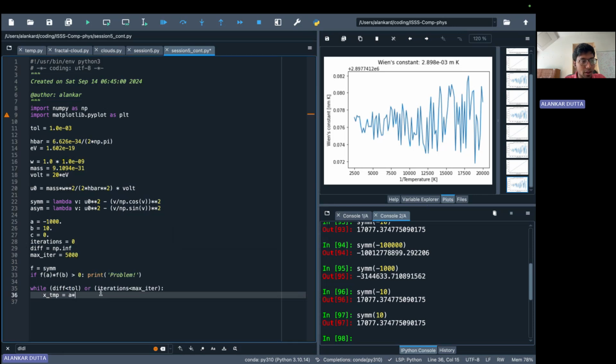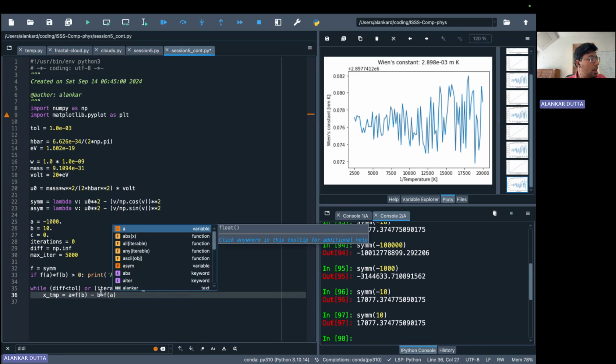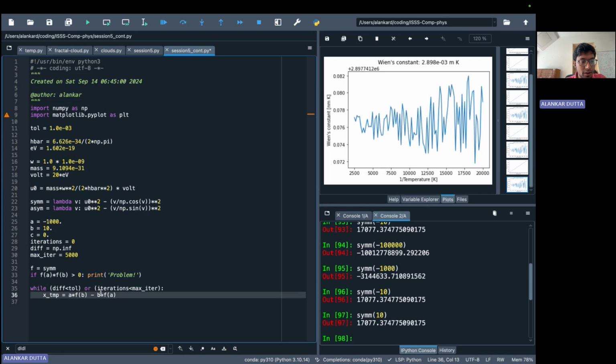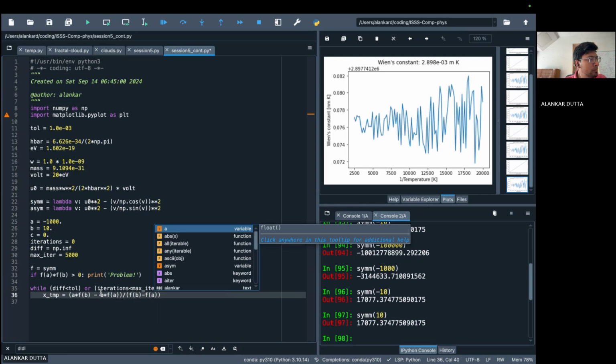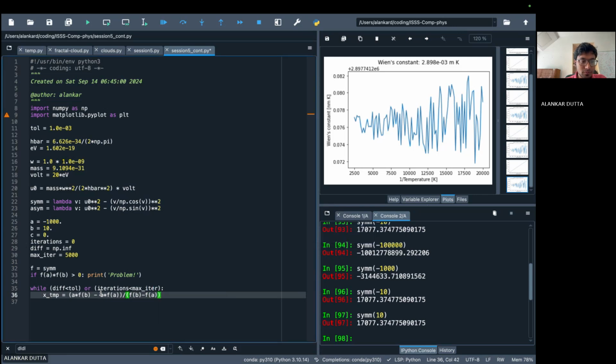So we do A times F of B, and then we do minus B times F of A, and this has to be divided by FB minus FA. Okay, so once we have done this, let's see.